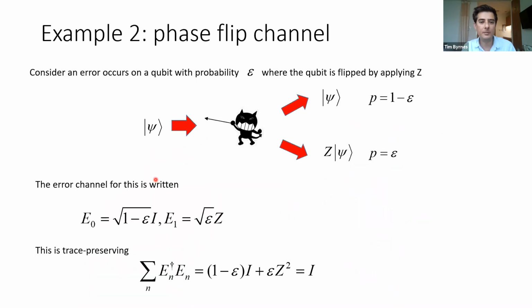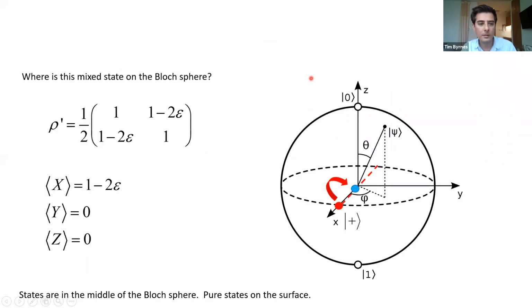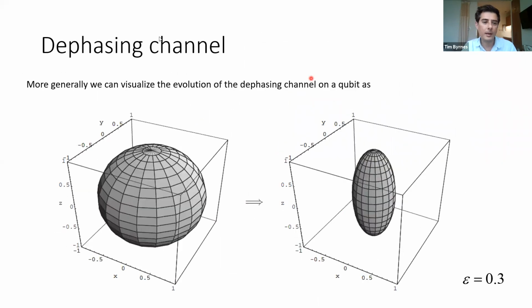Sorry, I think my terminology isn't consistent. I didn't mention on this slide that this phase flip channel can also be called the dephasing channel. Maybe I could have just written the phase flip channel here as the title.